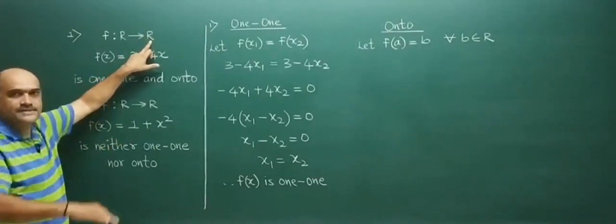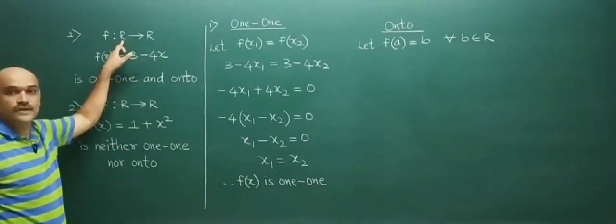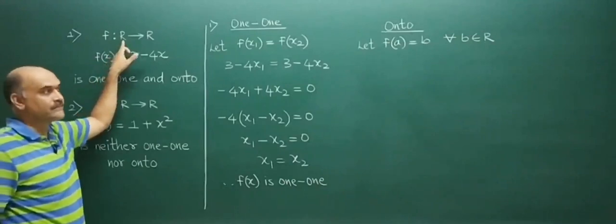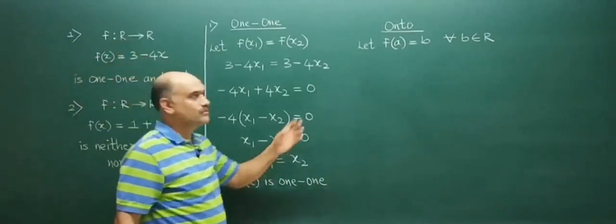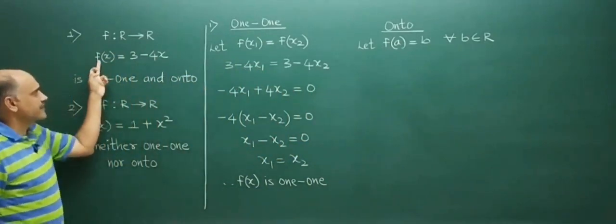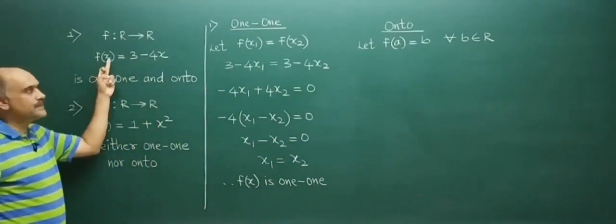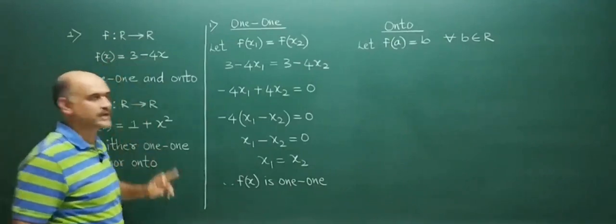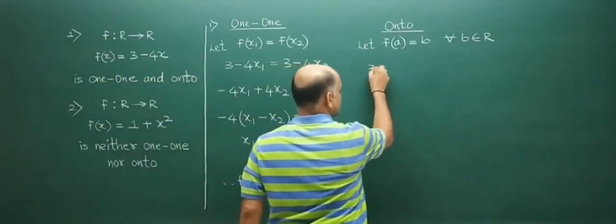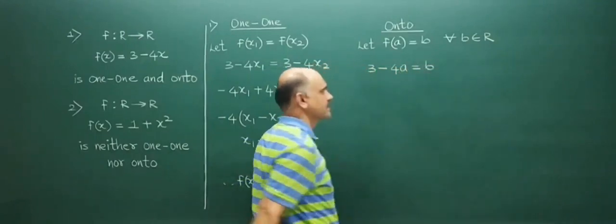You are required to simplify and show that a belongs to the first set, that is also the real numbers. As per the given function, f of x is 3 minus 4x. So f of a will be 3 minus 4a, so 3 minus 4a is equal to b.